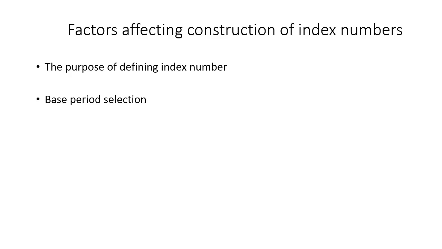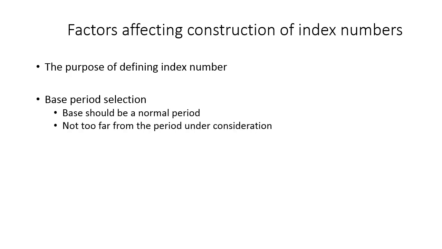So this base period selection also influences the index number, because the base period that we select should be an ideal normal period to which any other period can be compared. This base period cannot have drastic changes in the variable that we are talking about. Then this base period should not be very far from the period under consideration.